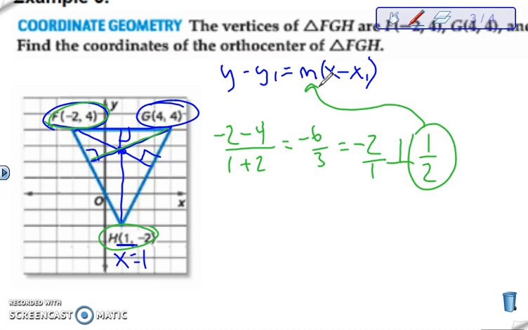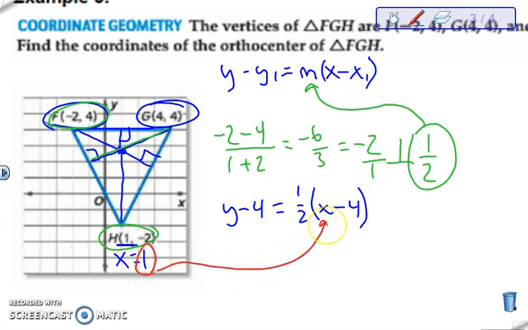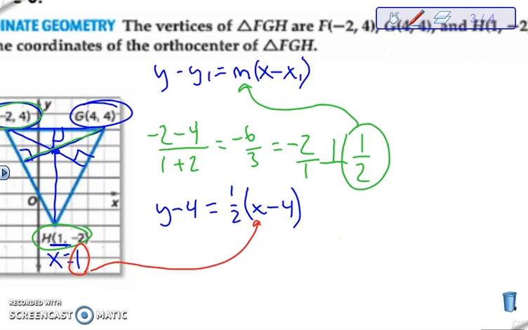So going back to that, I've got to pass through point G, so I know y minus 4 has to equal 1/2 of x minus 4. And I know at the point of intersection, x equals 1, so I'm just going to take this and plug it in over here. So I'm going to say y minus 4 equals 1/2 of 1 minus 4.